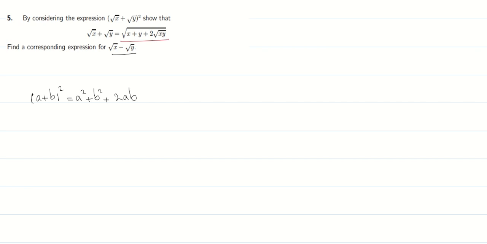And if we use the square root of x as a and the square root of y as b, we can rewrite this equation as (the square root of x plus the square root of y) squared would be equal to the first term squared plus the second term squared plus 2 times the multiplication of 2 terms, right?